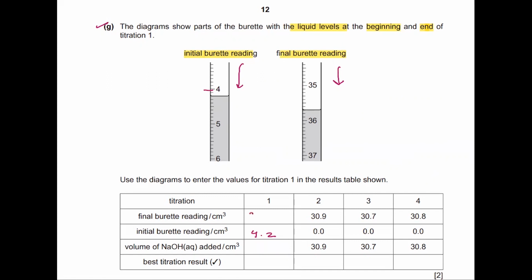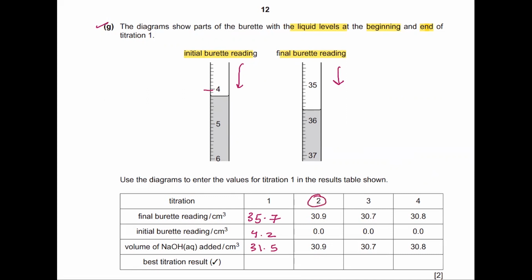So we'll be writing 35.7 here, right? When you subtract both the values, we get the volume of NaOH which has been used to titrate, to neutralize your citric acid. So when you do the subtraction, the answer is 31.5.